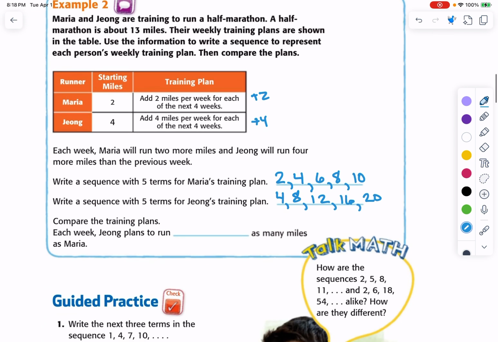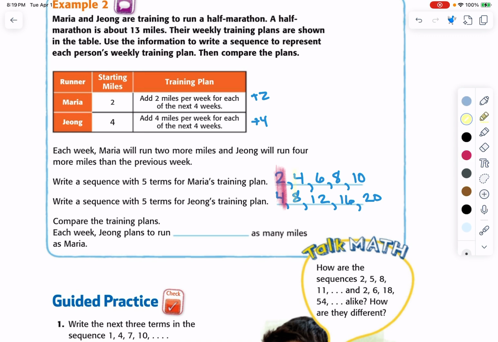Now, if we compare the training plans, each week, Zhong plans to run how many miles compared to Maria's miles? Well, let's take a look at it in this manner. Okay, so Maria ran 2, Zhong ran 4.